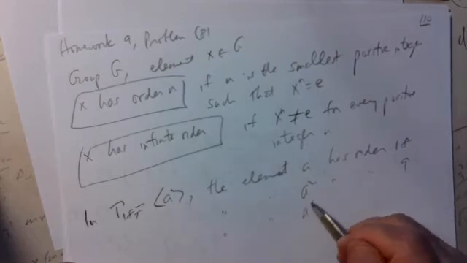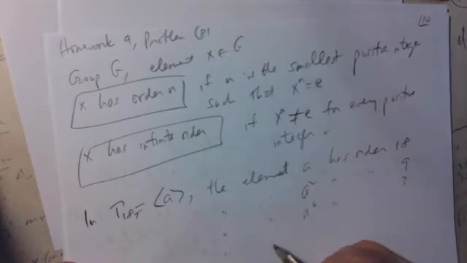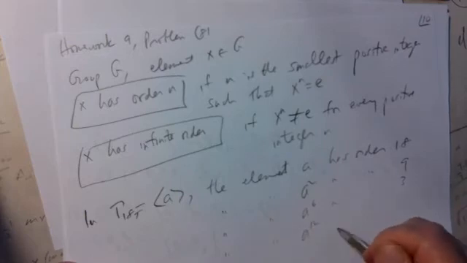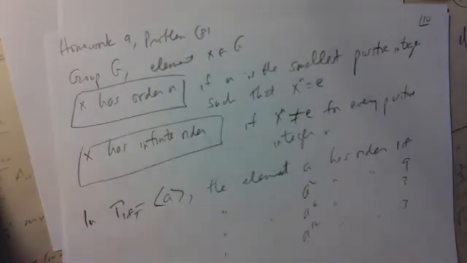The element A to the 6th has order 3. The element A to the 12th also has order 3, right? These are things we calculated in problem 3 a few minutes ago.